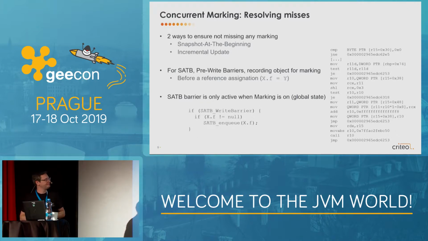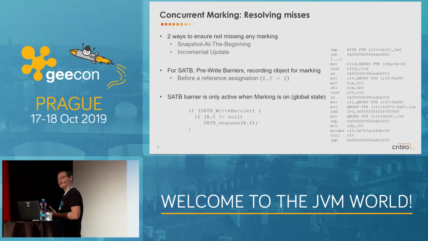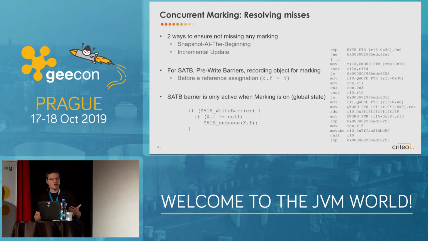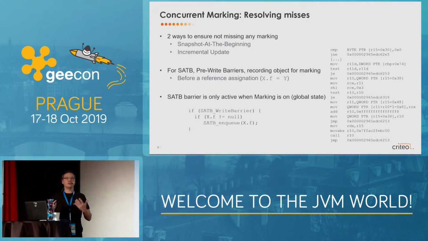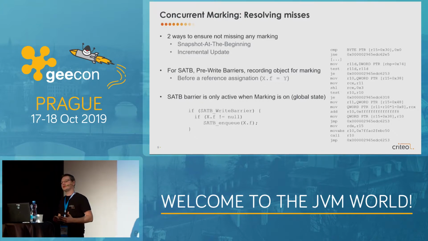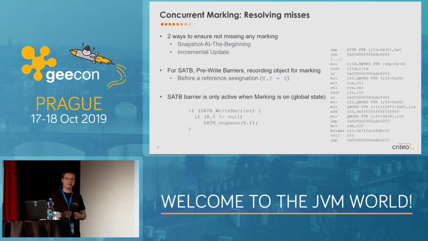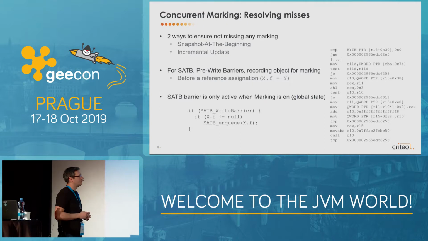So it's not free, you have some overhead, but it allows concurrent marking with the application. That's the way to resolve the issue, because later we'll process those enqueued references to mark them. That's all for concurrent marking.